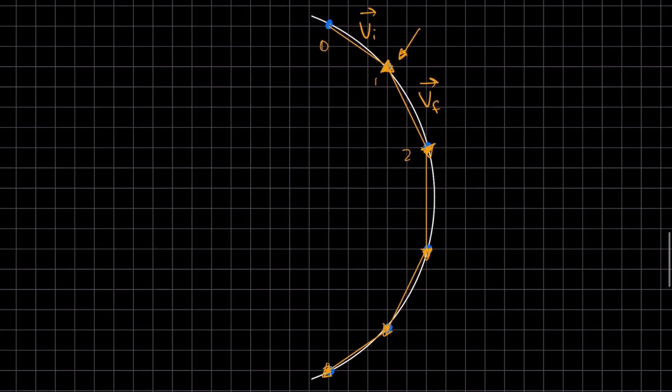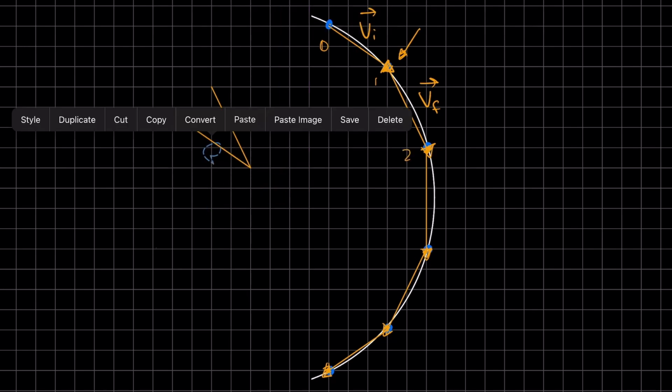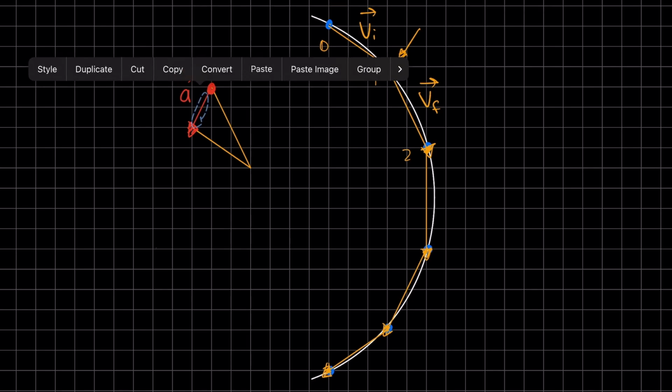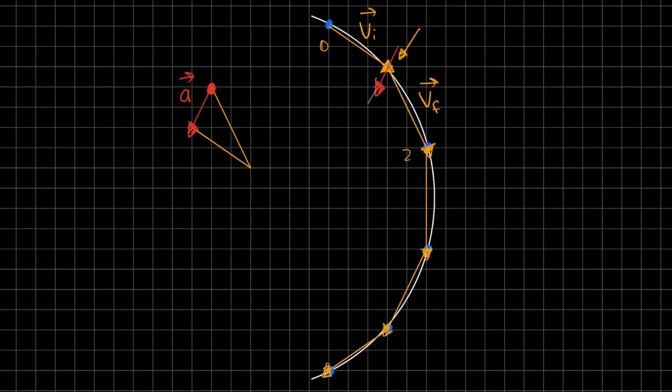And here's what that's going to look like. I first need to take my final velocity vector, and then I'm going to subtract the negative of my initial velocity vector. It has the same length, but it points in the opposite direction. Therefore, my acceleration vector will point here like this. And this will be the direction of the acceleration at point 1.